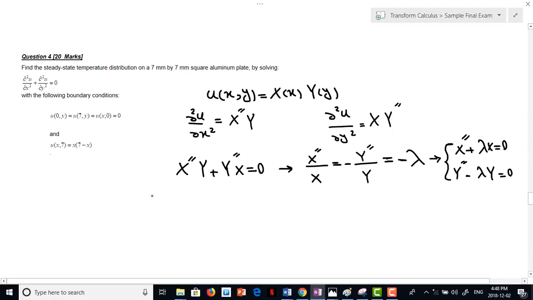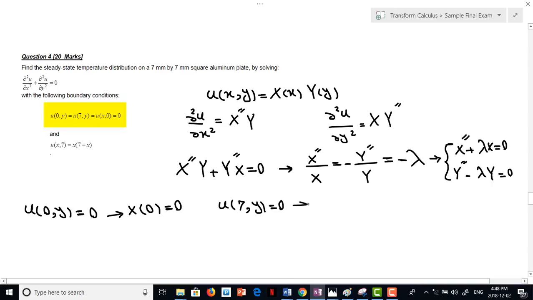Now we have to go through the boundary conditions. The first boundary condition says that u of 0 and y is equal to 0. As a result, X of 0 is equal to 0. The second boundary condition says that u of 7 and y is equal to 0. As a result, X of 7 is equal to 0. And the third one, we have u of x and 0 is equal to 0.